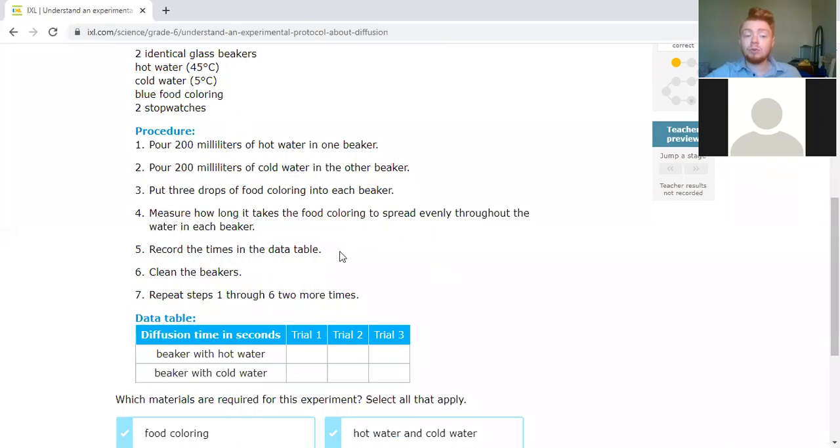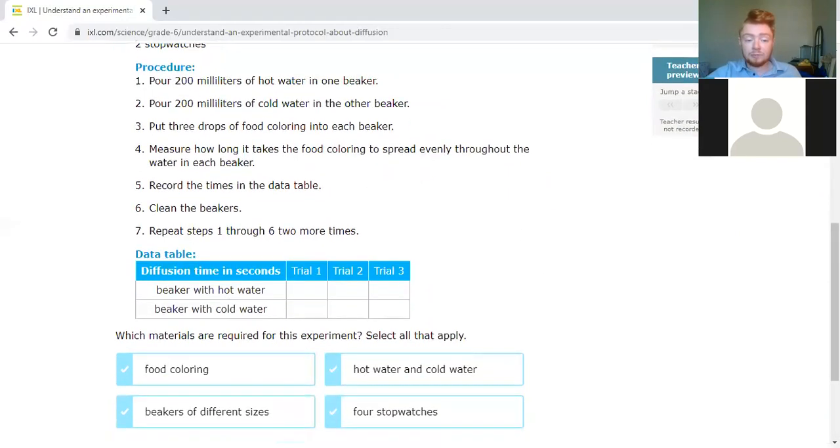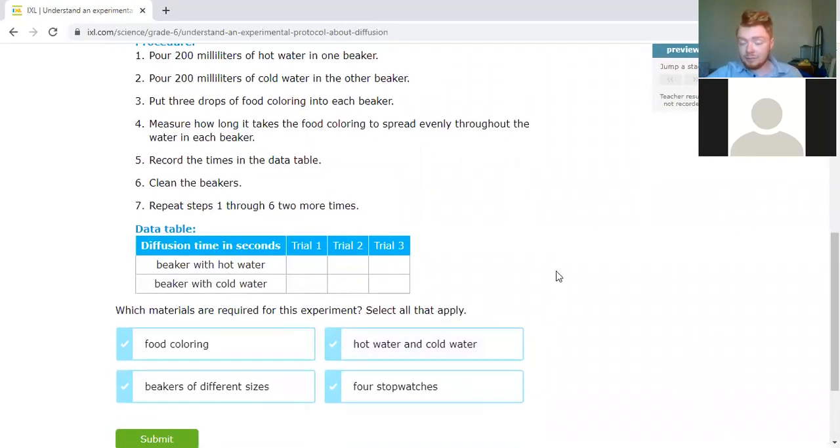Clean the beakers. Repeat steps 1 through 6 two more times. And then we have our data table here. So we're testing the diffusion of the blue food coloring into our water with a beaker of hot and a beaker of cold. Which materials are required for this experiment?